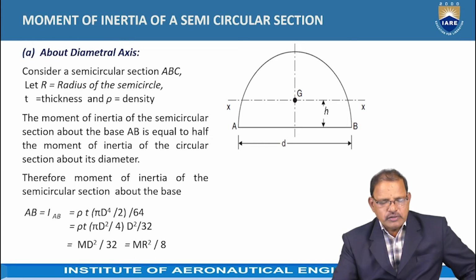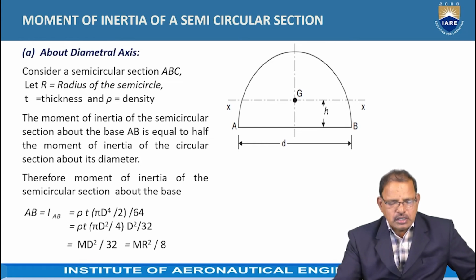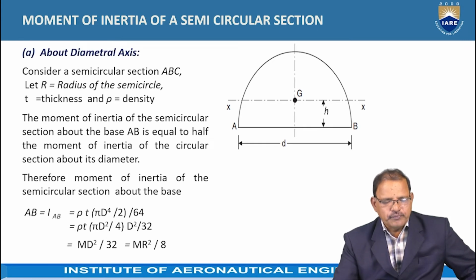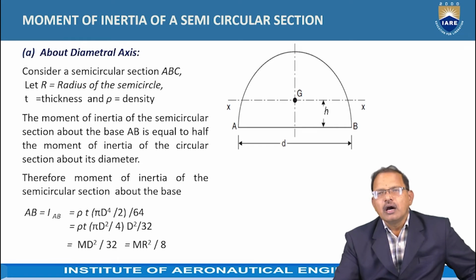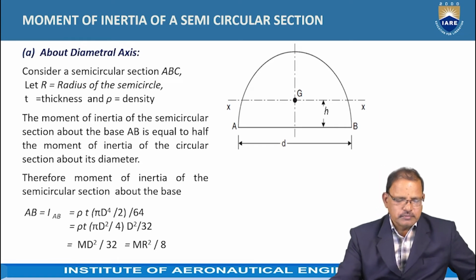Hence, this equation is equal to rho t into pi d square by 4 into d square by 32, which is equal to m d square by 32, or m r square by 8.